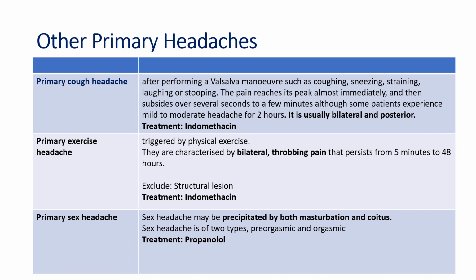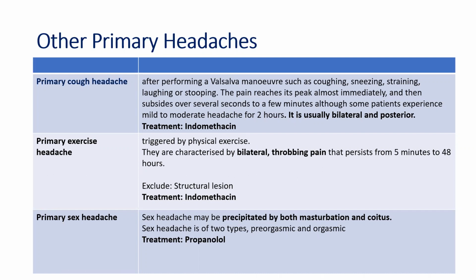That will be the primary cough headache, associated with cough, primary exercise headache, and primary sex headache. We should remember that sometimes a headache exacerbated by cough is a feature of raised intracranial pressure. A headache exacerbated by exercise is also a feature of raised intracranial pressure.